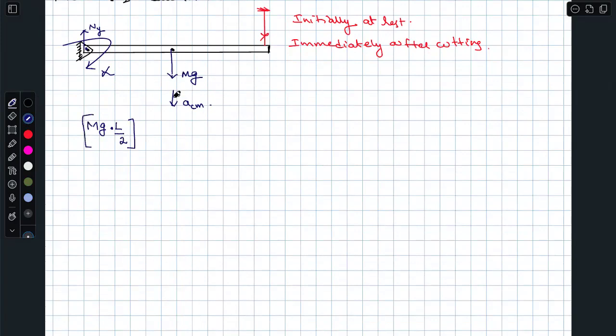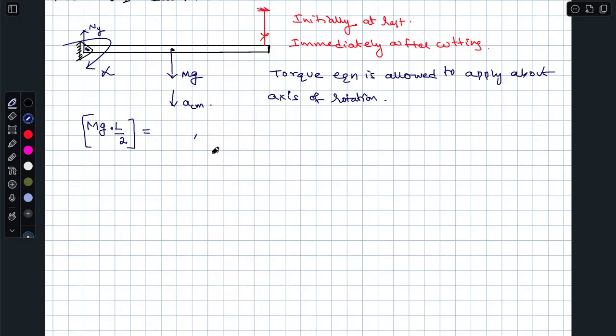How? Force times arm. And this is equal to, now this is a fixed axis system, you are allowed to apply the torque equation about the axis of rotation, I alpha.